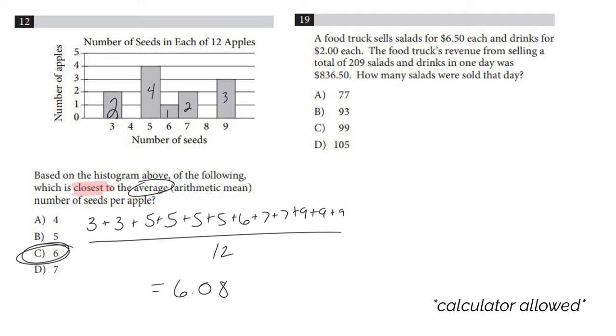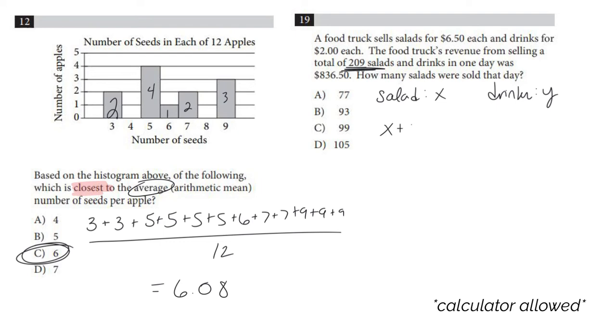All right, so a food truck is selling salads and they are selling drinks. So I'm going to use X for my salads and I'm going to use Y for my drinks. If I set up an equation, I know that they sold 209 total in the day.